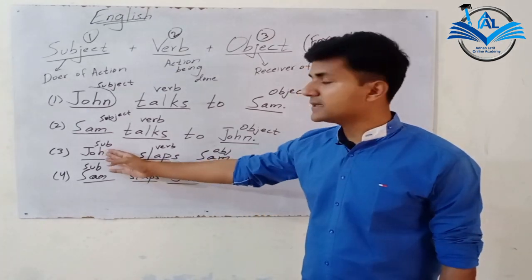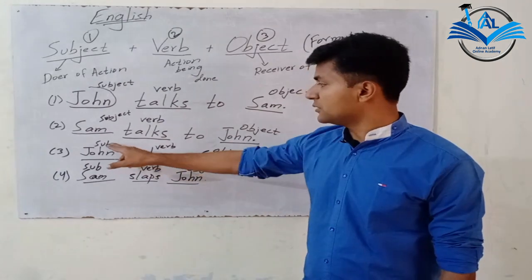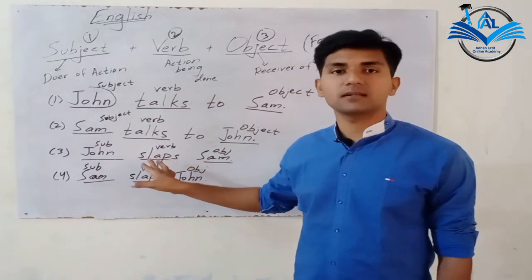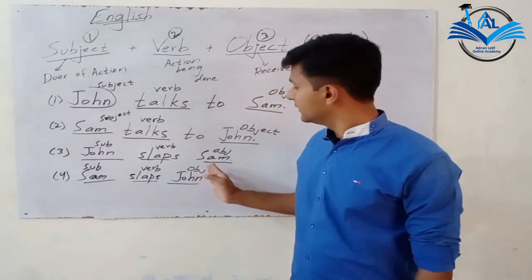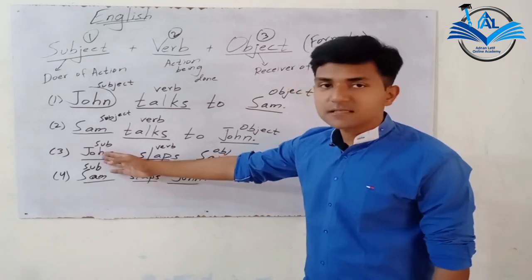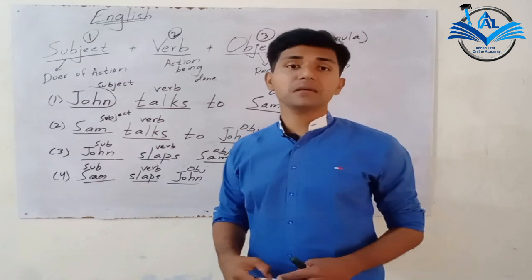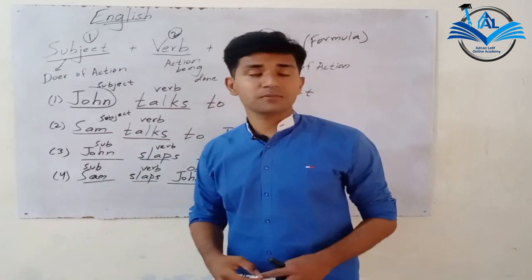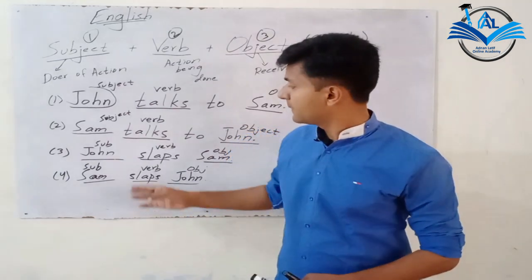So here John is subject and Sam is object. So John's action is slapping, that he has slapped his friend Sam. So Sam is being slapped, so Sam is object. John is subject because John has done the action of slapping Sam, and Sam is object because he has been slapped by John.